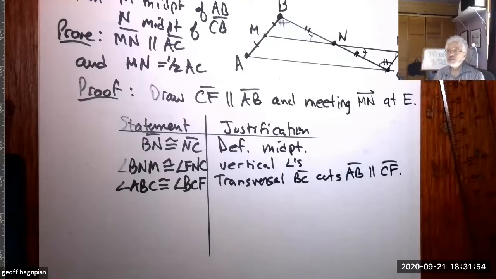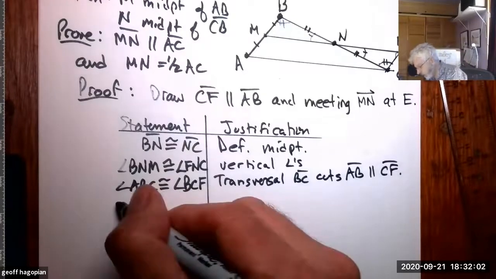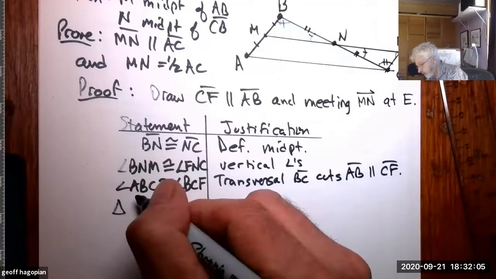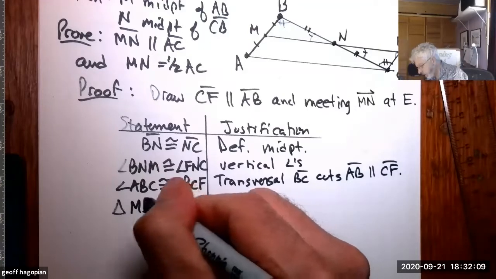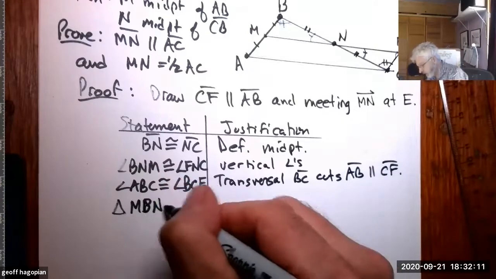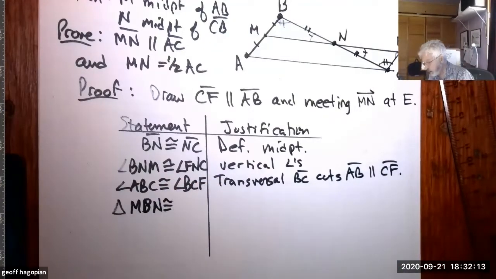All right. And is that enough? Yeah, I think we got then angle side angle. So triangle MBN is congruent to triangle FNC.